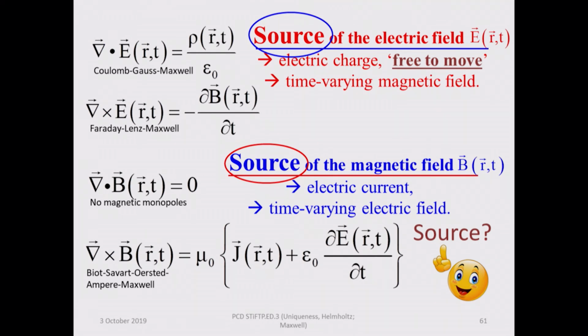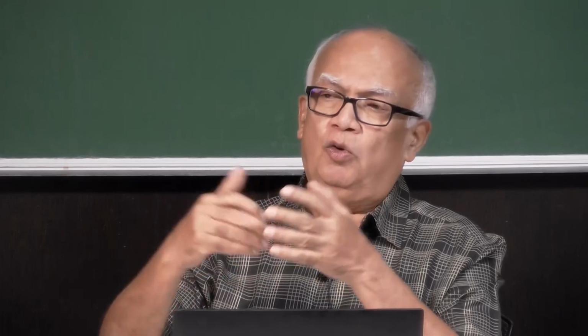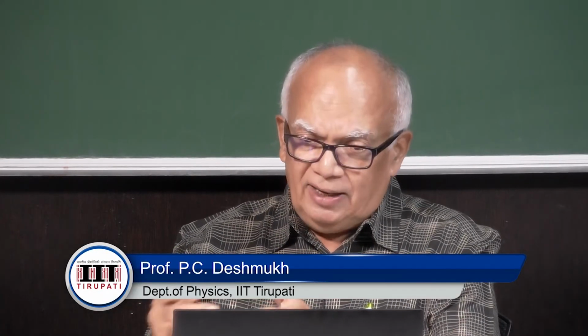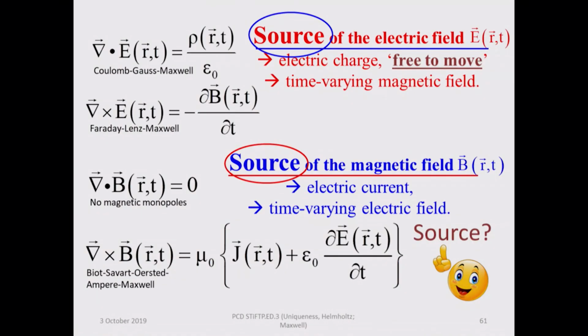Likewise, the magnetic field you can get from an electric current, which is what was known to Oersted, Biot, Savart and Ampere. But then later, as Maxwell discovered, we could get it also from the time variation of the electric field.